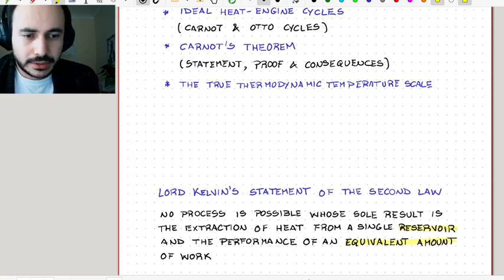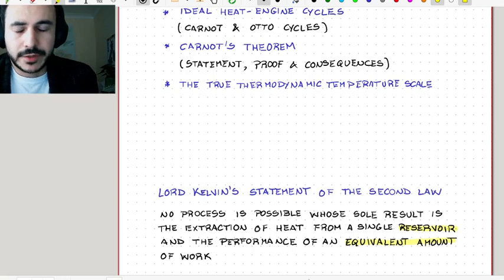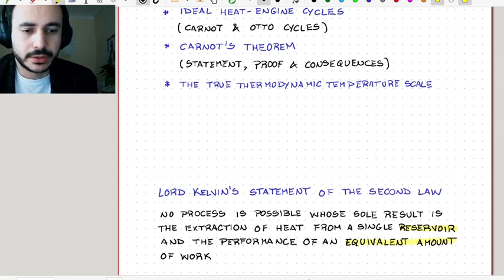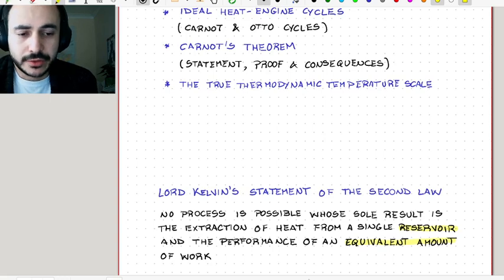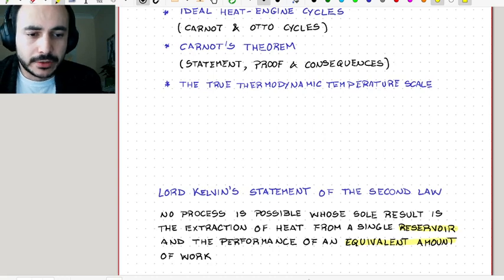So what it says, once again, is that you cannot take a thermodynamic system and invent some kind of smart process, which could be equilibrium or non-equilibrium, it doesn't matter. But the result of this process, once you are done with it, is that you took some heat out of a heat source, and then you transform all of that heat into mechanical work that you make in the environment. So it's negative for you.